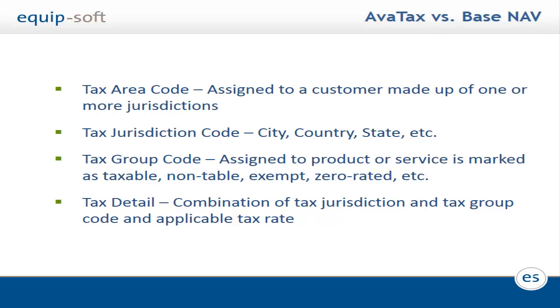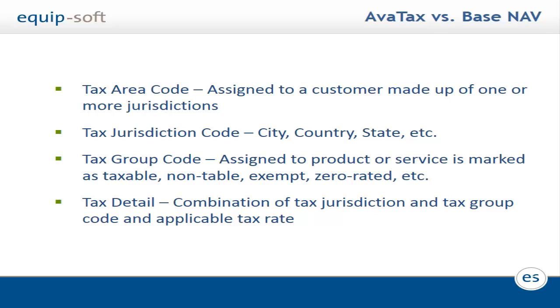A jurisdiction is made out of a city, county, state, or special taxes. So now imagine trying to figure out exactly what combination of jurisdiction codes you want to assign to a tax area which you want to assign to a customer. That gets a bit complicated, because you're not necessarily going to know based on the postal code exactly what that is. You'd have to do your homework.